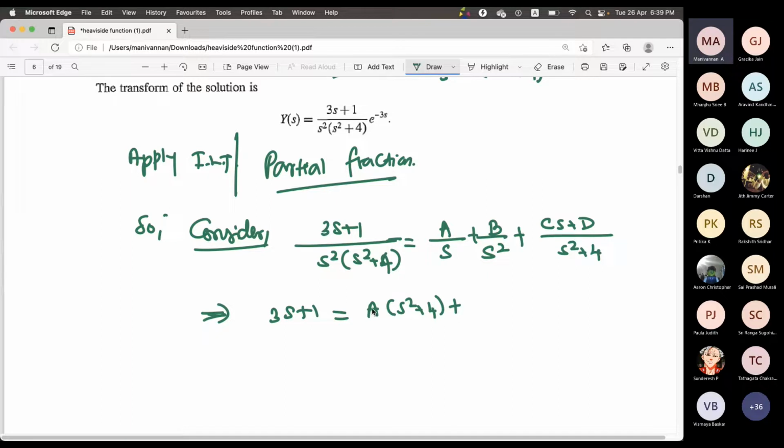One more s shall I write here? Yes, As, because when I am dividing this s into s square into s square plus 4, one s and s square will get cancelled. So A by s only there. Then here it is B into s square plus 4 plus Cs plus D into s square only.